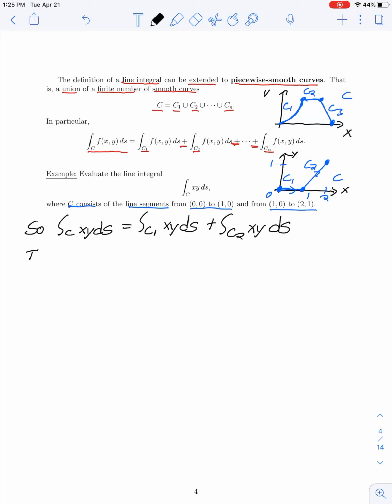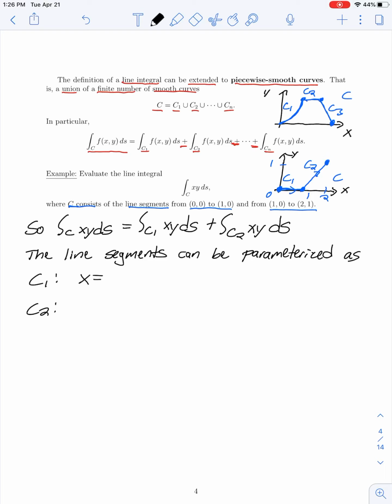So here, let's say the line segments can be parameterized as follows. So the first one, let's call our curve C1, then we'll have a separate parametric equation for C2. So C1 is the line segment from 0, 0 to 1, 0.